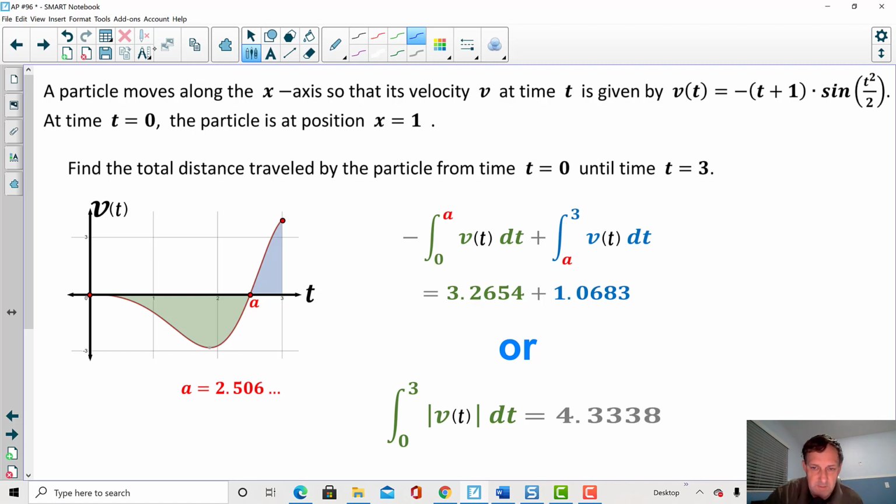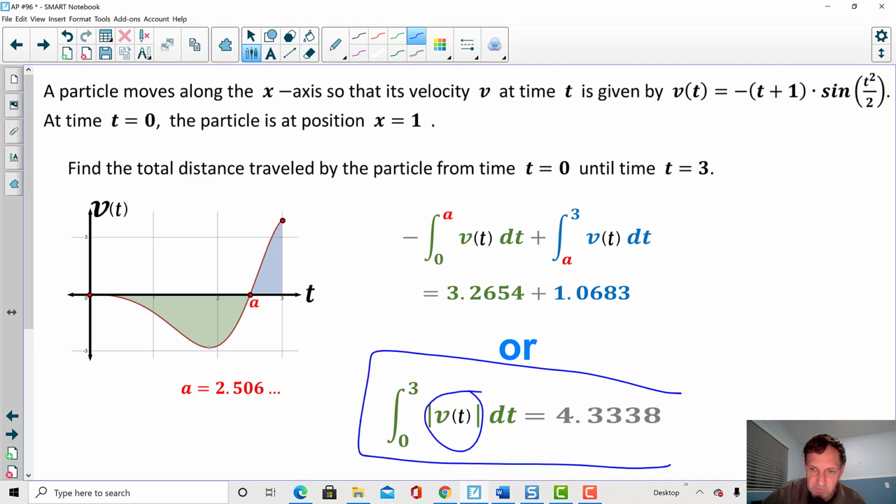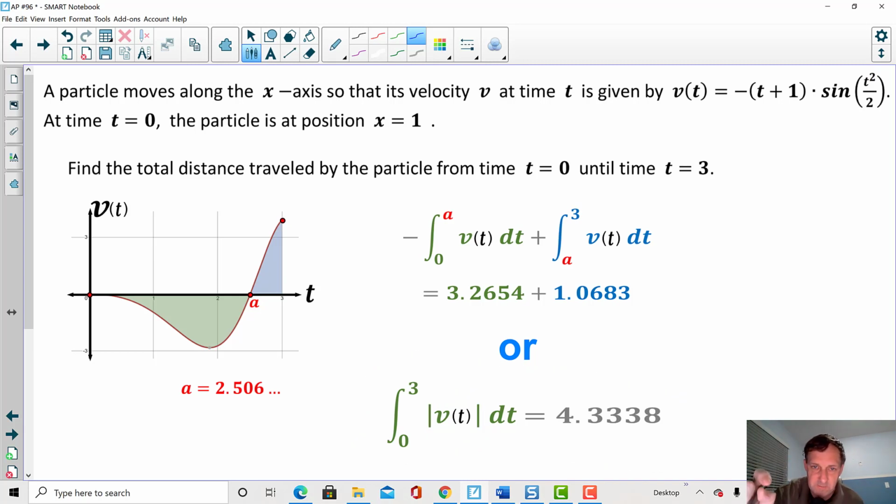Now, sometimes the AP test gives you a function that your calculator has trouble doing the calculation for. So you might not be able to do this calculation with your calculator because sometimes the AP test gives you a really tough function. So what you're going to have to do is break it into two integrals. For the first integral that goes from 0 to a, we know that the velocity is negative.